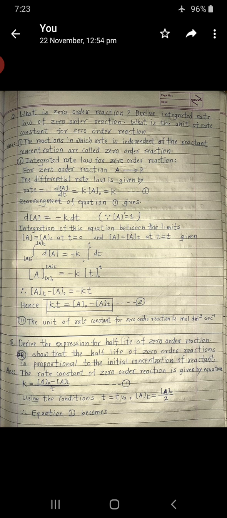Now rearranging equation 1, we get dA is equal to minus K dt, because A to the power 0 is equal to 1.